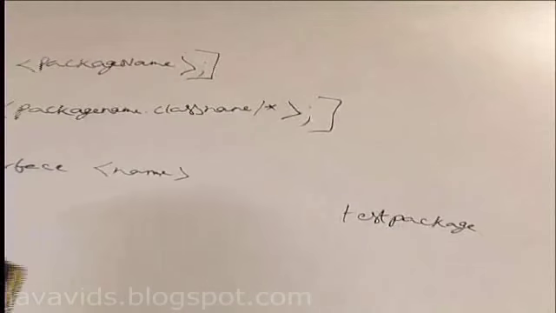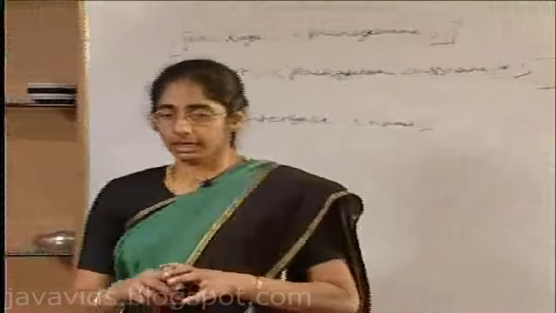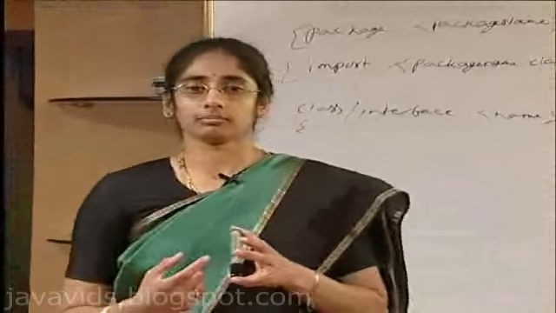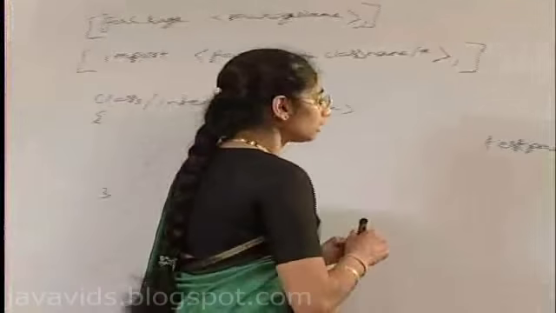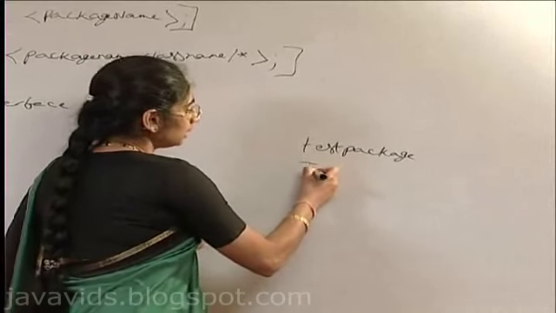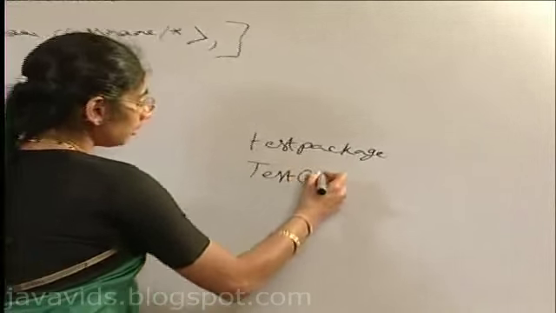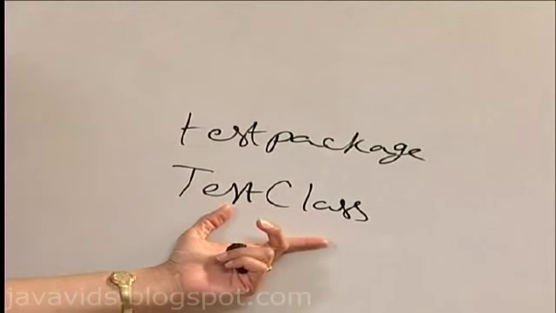Class names or interface names must begin with uppercase, and the first letter of every word in the name should be uppercase as well. So for example, if I say TestClass is the name of a class, T of Test and C of Class should be capital.